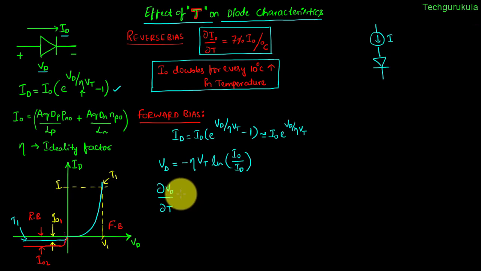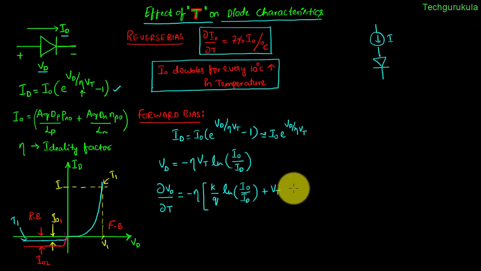Now let me differentiate this, which would be equal to minus eta times the differentiation of Vt, which would be K over Q, because Vt is KT over Q, times ln of I naught over Id, plus Vt times the differentiation of the ln term, which would be 1 over (I naught over Id) times the differentiation of I naught over Id, which is 1 over Id times del I naught over del T, as we are assuming Id is constant.